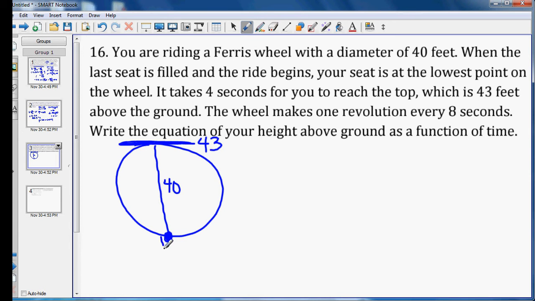Because if that top right here has to be 43 feet high and the Ferris wheel is 40 feet high, that must mean an extra 3 feet is how high the Ferris wheel is above the ground. So once we have that part of the picture, we can see the maximum is 43 and the minimum is 3. So just like before, if you get your maximum and your minimum, you can find the amplitude.